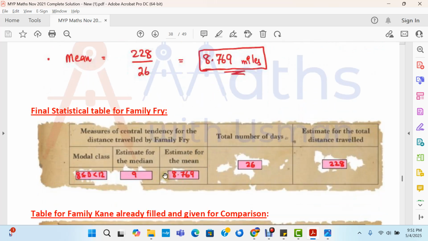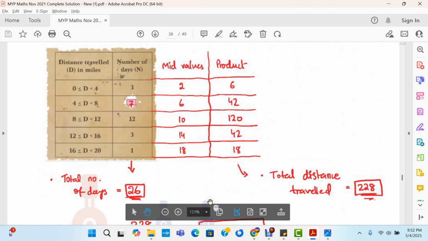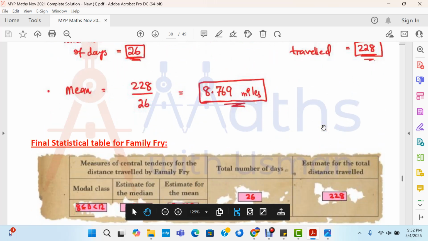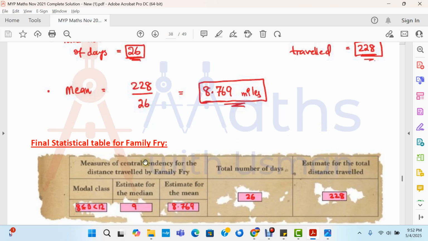Now I have the mean as 8.769, but what is the total number of days? I know that's 26, which is the denominator of the mean. So the total distance traveled, obviously this is mean distance traveled. So what should be the total? The total is basically the sum of something, right? So mean is sum over count.